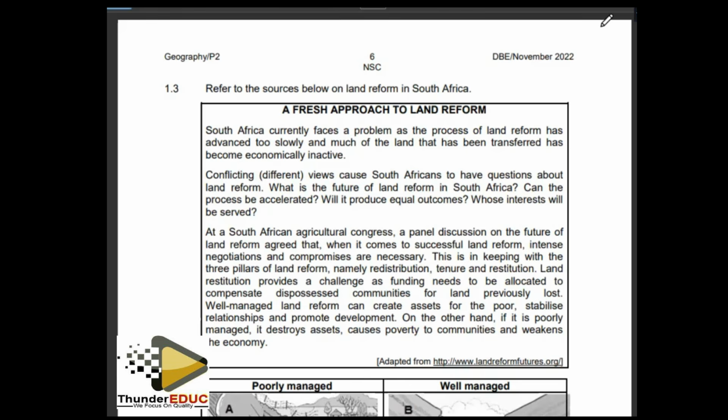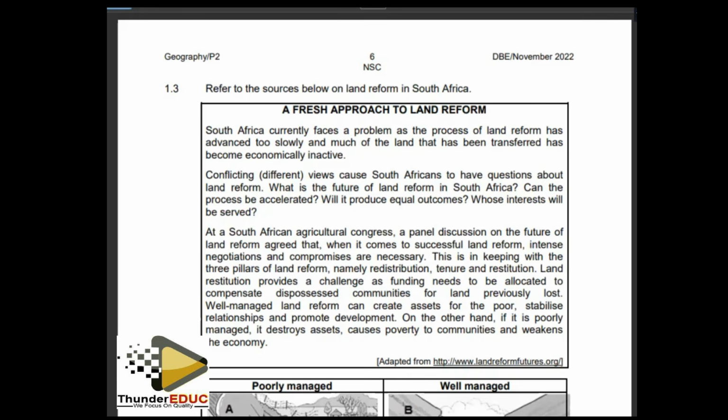Well-managed land reform can create assets for the poor, stabilize relationships, and promote development. On the other hand, if it is poorly managed, it destroys assets, causes poverty to communities, and weakens the economy.